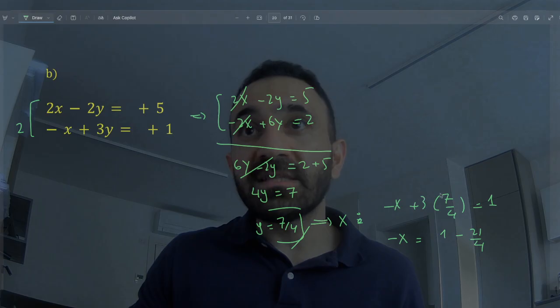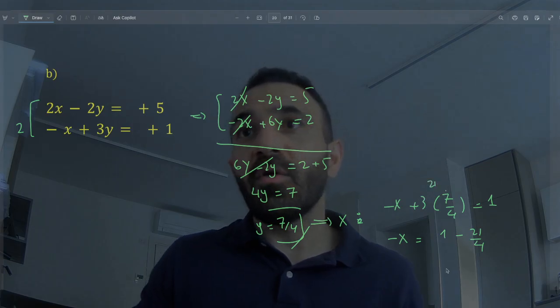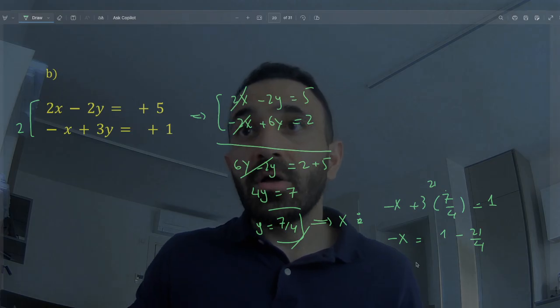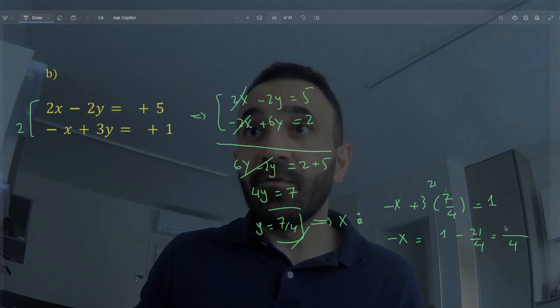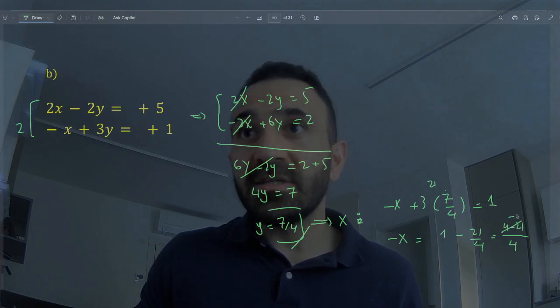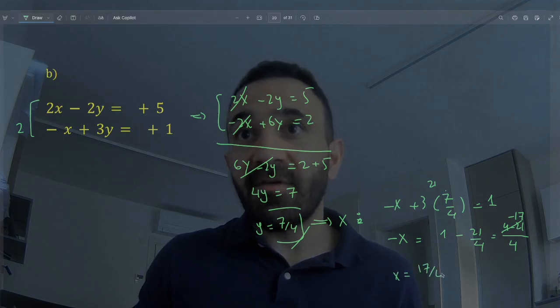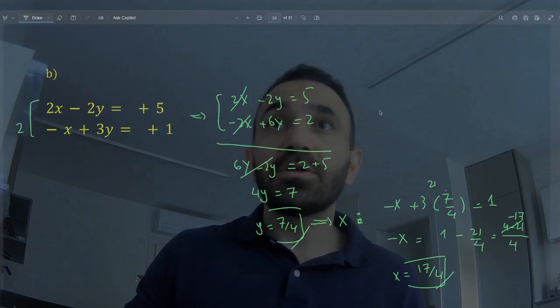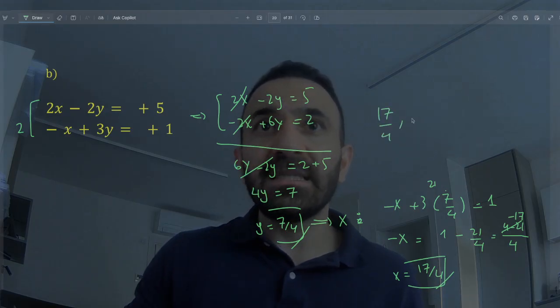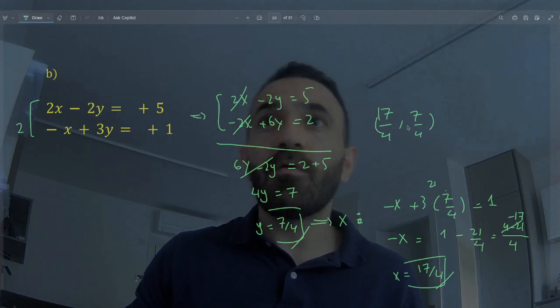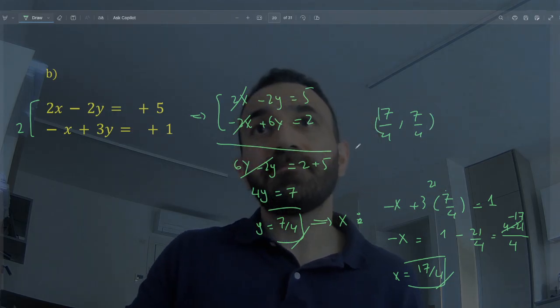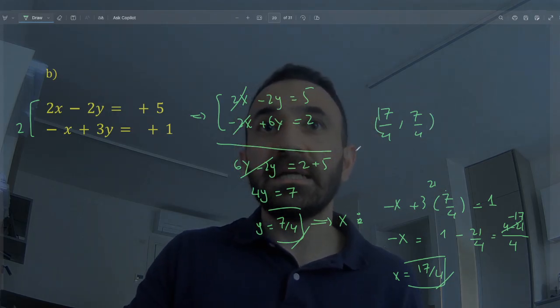Why 21? Because 3 times 7 is 21. Now, if I go for a common denominator, this is 4 minus 21, which is minus 17. So x equals 17 divided by 4. So 17 divided by 4 and 7 divided by 4. That's it. This is the solution for this system.